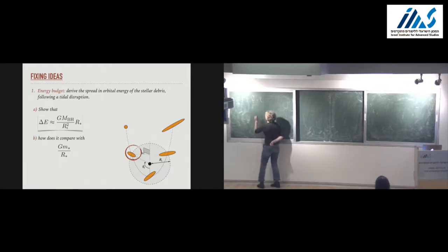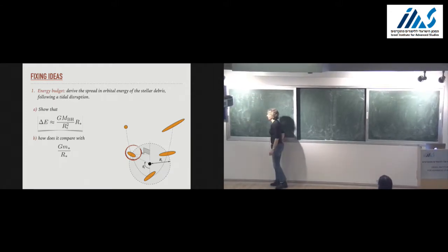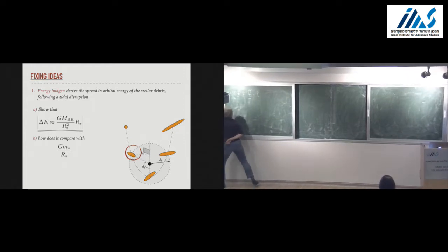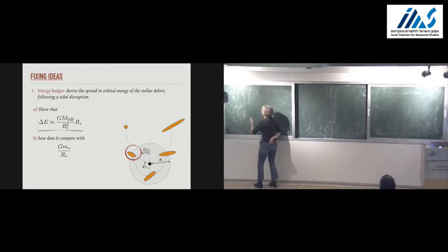So what is the force? Who's doing work here, against what, and over which length? And then the second question is how the spread compares with the binding energy of the star.